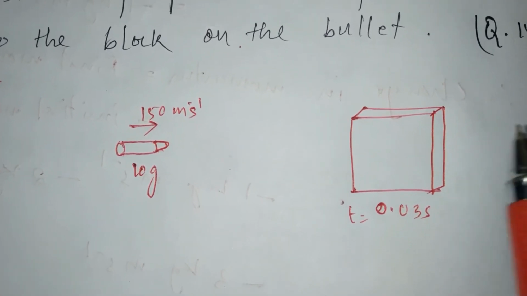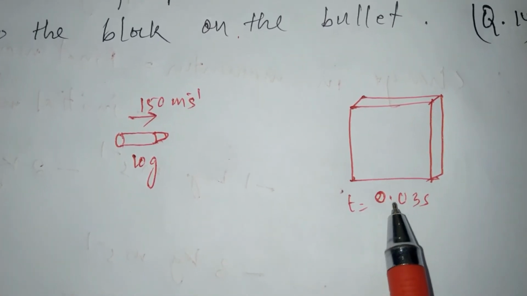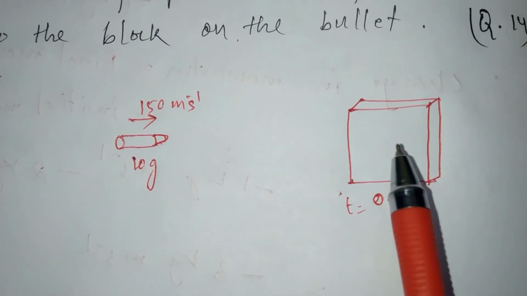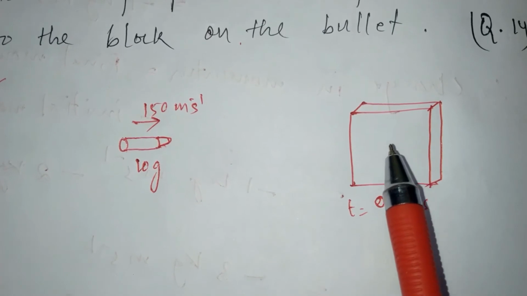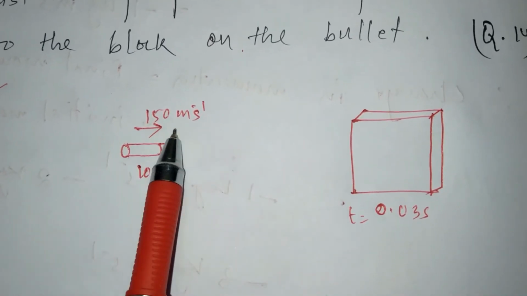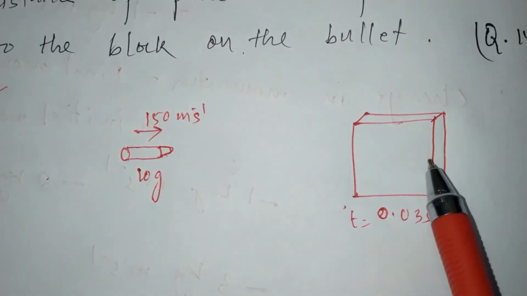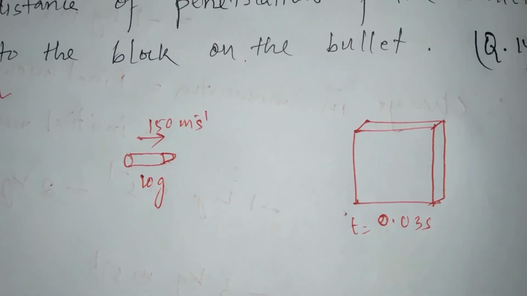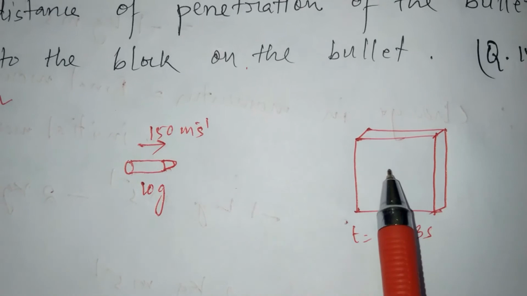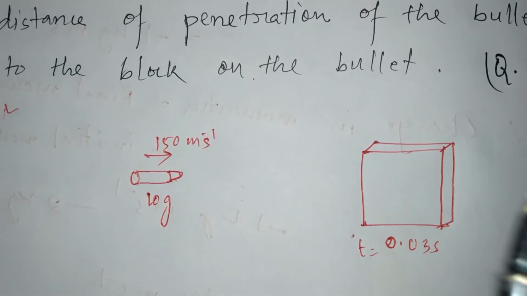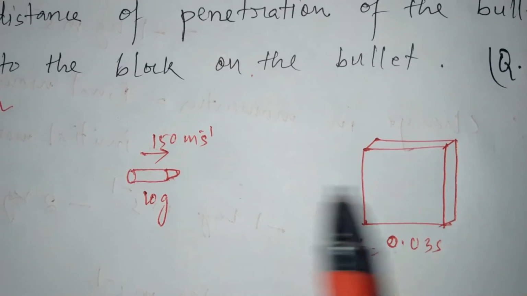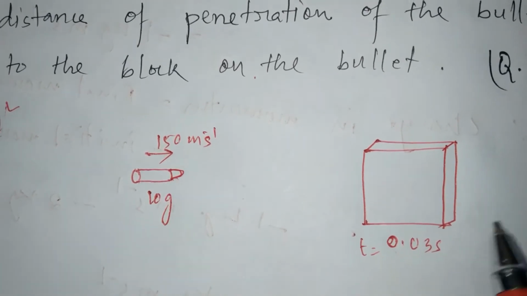So the duration means after hitting the wooden block, to come to rest from this 150 meter per second velocity to 0 velocity, it needs 0.03 second.